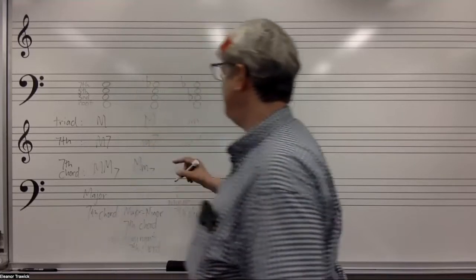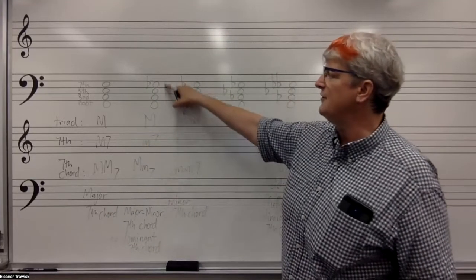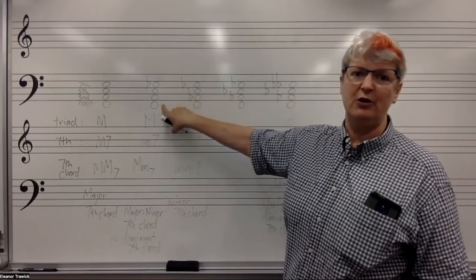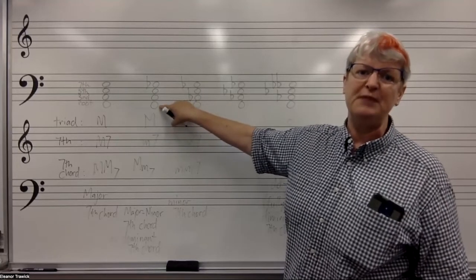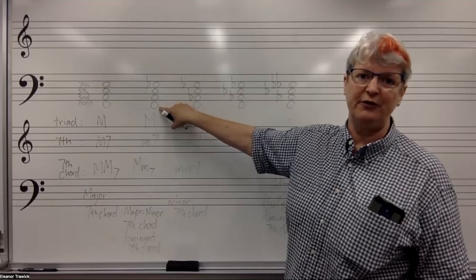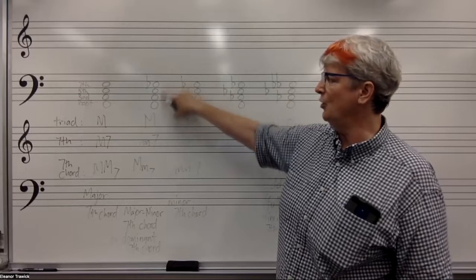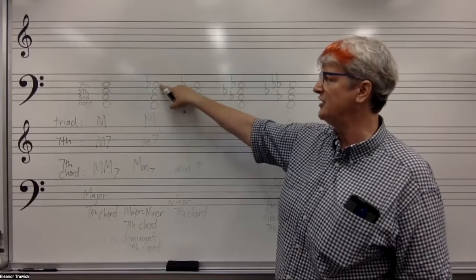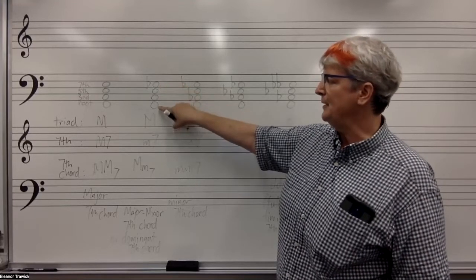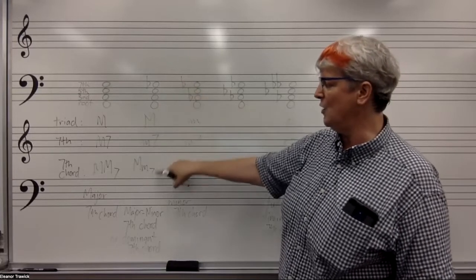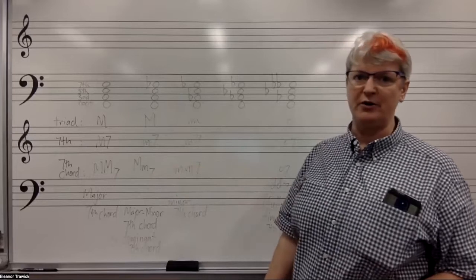The reason is that this is the quality of seventh chord that's found if you build it on the fifth note of the scale. Like if we were in the key of B flat major, where F is the fifth or dominant note of the scale, then this would be the seventh chord. B flat major has 2 flats, including E flat, so this would be the dominant seventh chord. It has this quality of being major-minor.